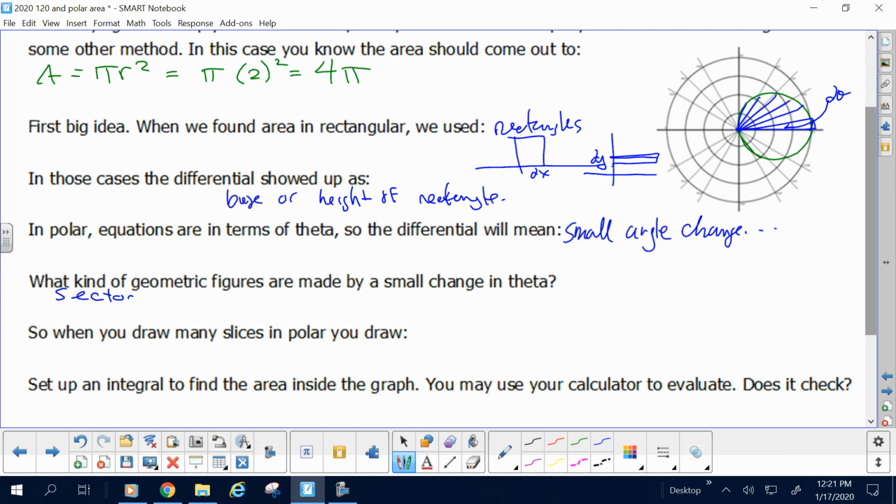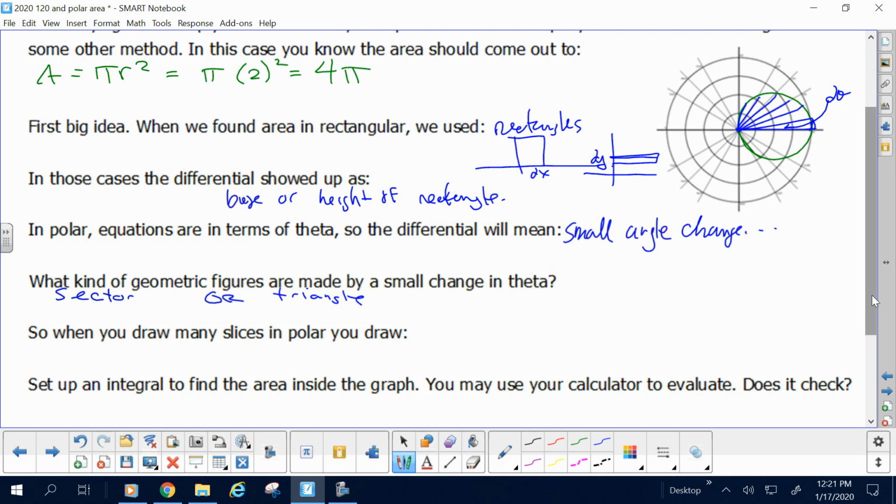Now, would this side look curvy if it was microscopic? Or to the naked eye, would it look linear? Triangle, okay. It would look like a triangle because it would look locally linear. The curve would be such a small part of the curve, it would look to the eye like a line.